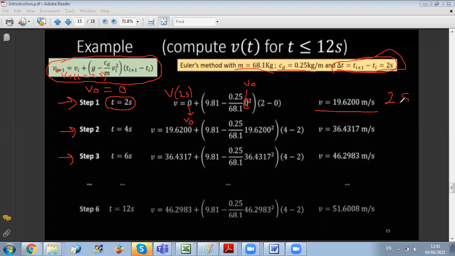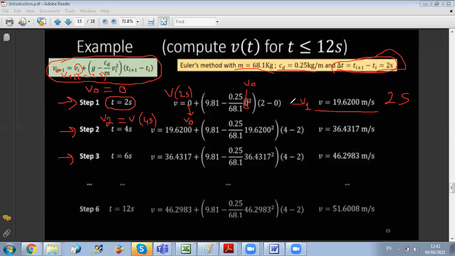Now I will repeat this procedure to find the velocity now at t equal 4 seconds. So v2 will be equal to the velocity at 4 seconds. So when I replace now in the equation, v_i will be v1, which is the velocity I got from the previous step.